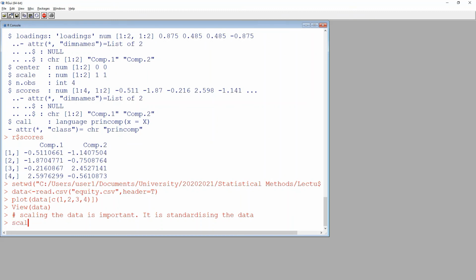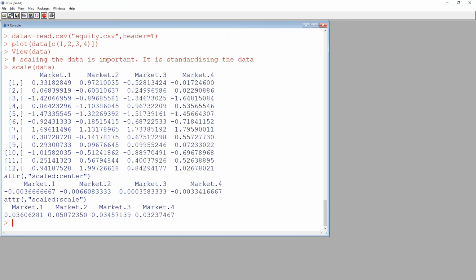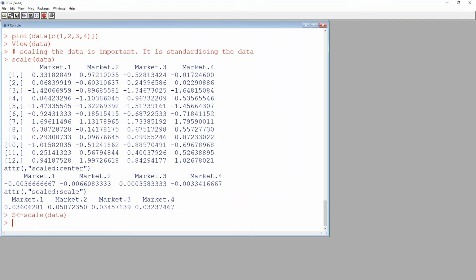You scale your data, and when you have scaled your data, let's call it S or whatever it is, you apply your principal component analysis on the scaled data. It's very important. Scaling means you are standardizing the data.